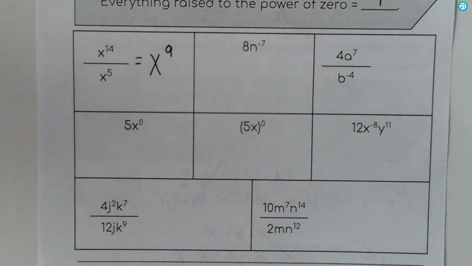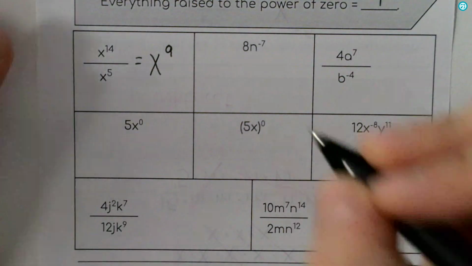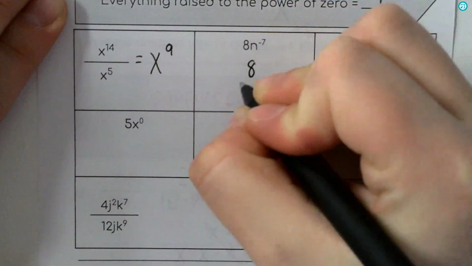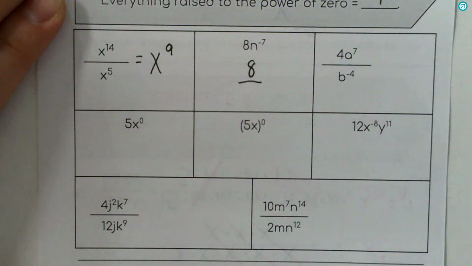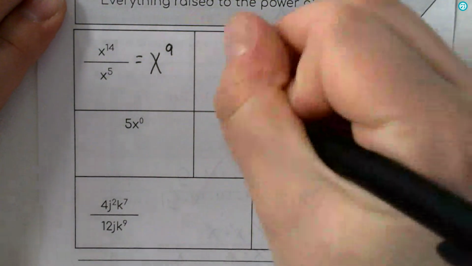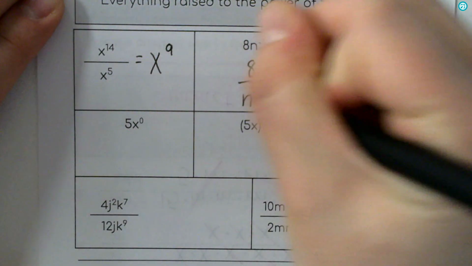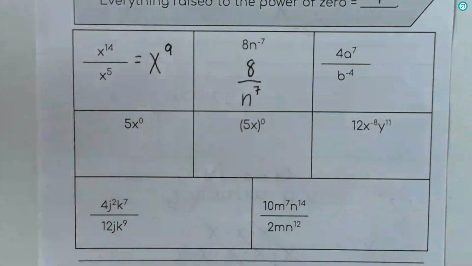Is it currently on the top or the bottom of a fraction? Top, because there is no bottom, okay? So we are going to leave the 8 on top because the 8 doesn't have a negative exponent. And then we're going to make a bottom of the fraction. We'll move n to the bottom, and now it's positive 7.